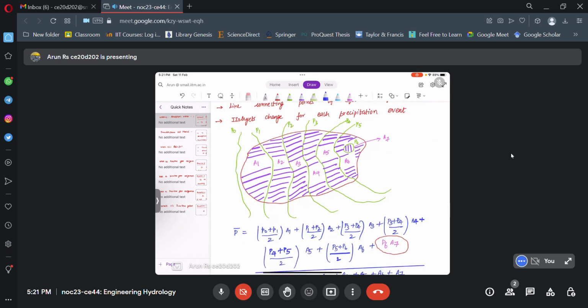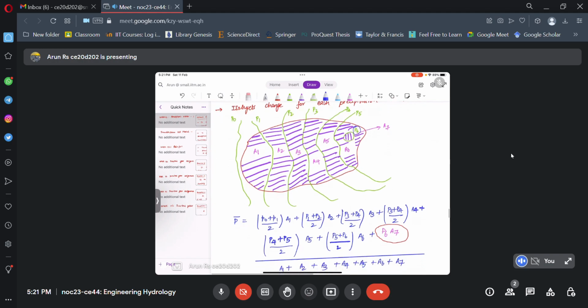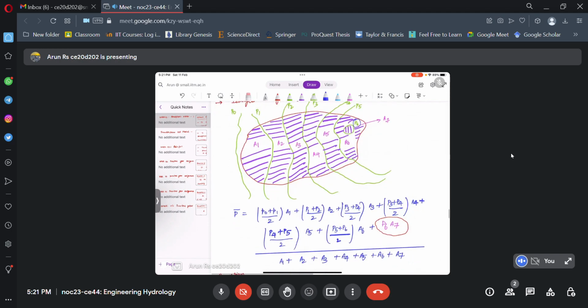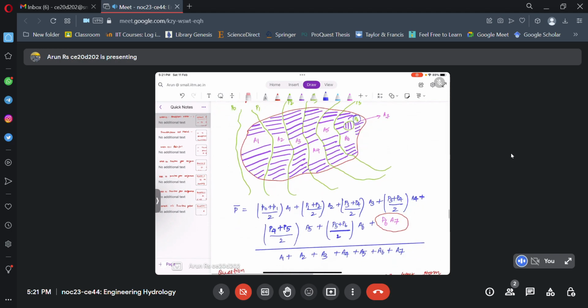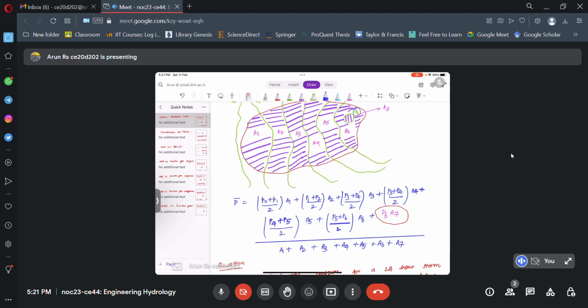So here you can see there is a small circle which is the P6. So when you have a question which has this kind of circular areas, how to compute your average precipitation, what is the influence area that you will take, and what is the precipitation value which you will take.